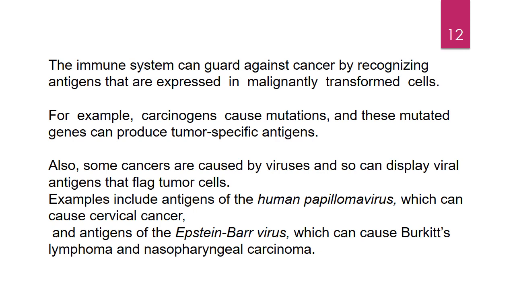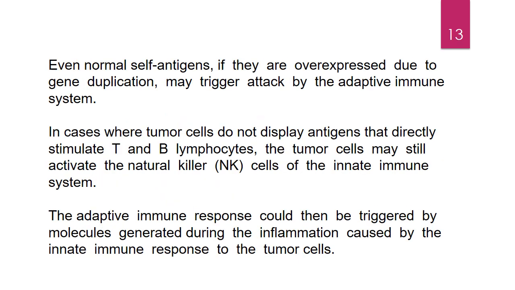Examples include antigens of the human papilloma virus, which can cause cervical cancer, and antigens of the Epstein-Barr virus, which can cause Burkitt's lymphoma and nasopharyngeal carcinoma. Even normal self-antigens, if they are overexpressed due to gene duplication, may trigger attack by the adaptive immune system.